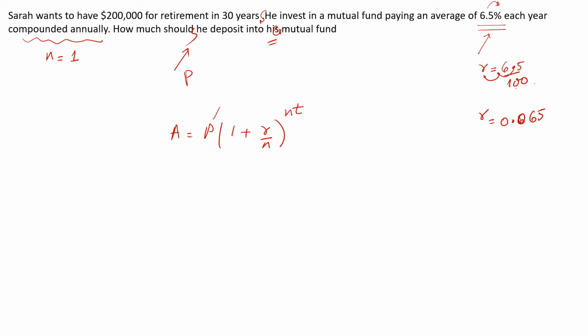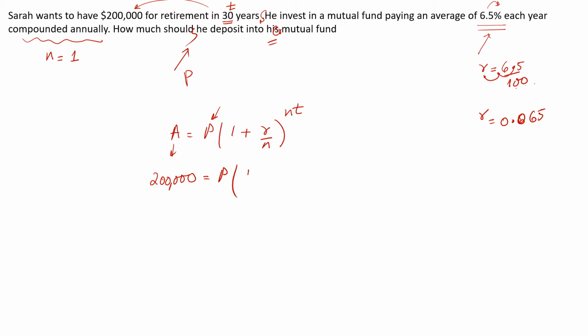They are asking us to find the principal amount so that after 30 years she will get an investment of 200,000. So in place of A, we will write 200,000. P is what they are asking us to find.